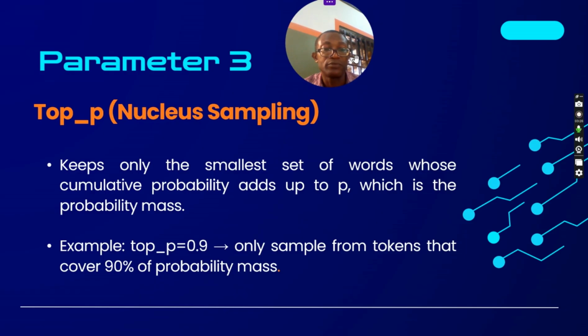For example, if the top P is configured to be 0.9 in the LLM, it implies that only a small sample from tokens that cover 90% of the probability mass would be used.